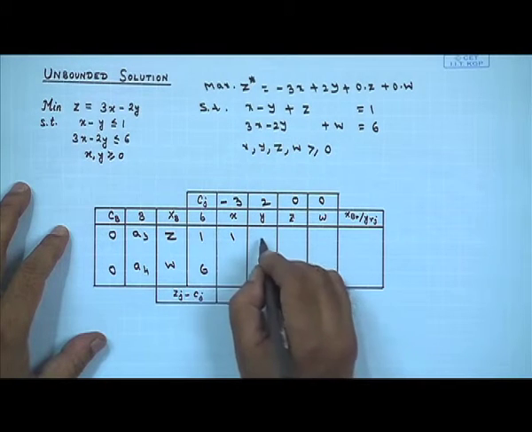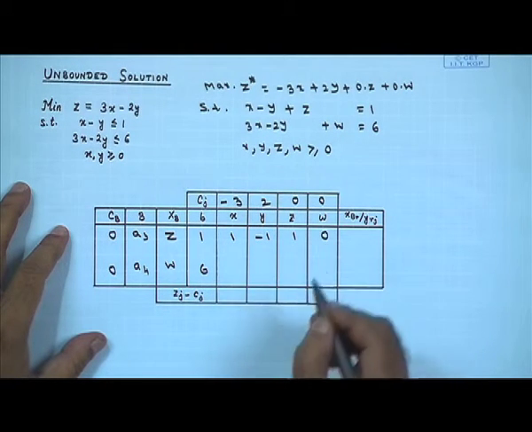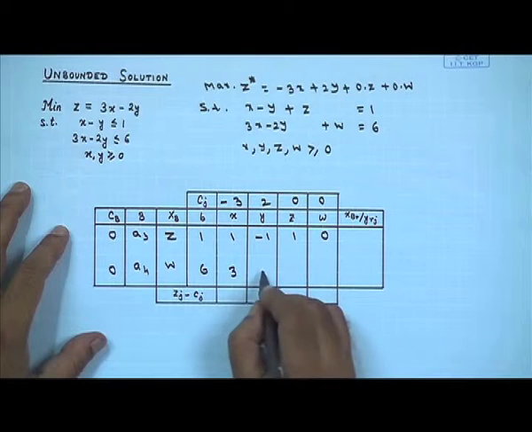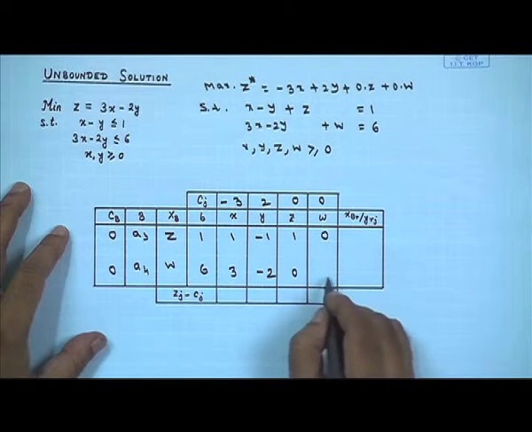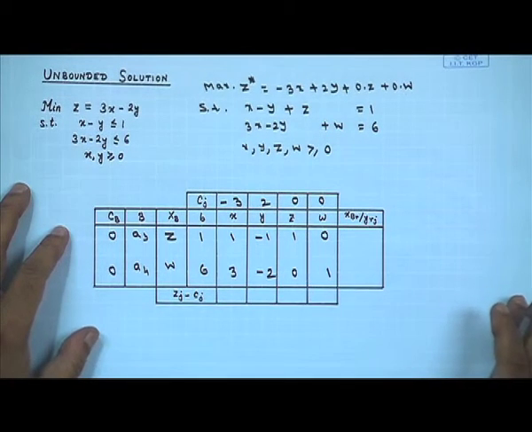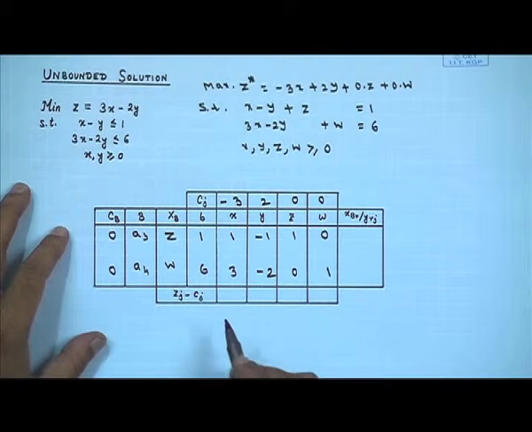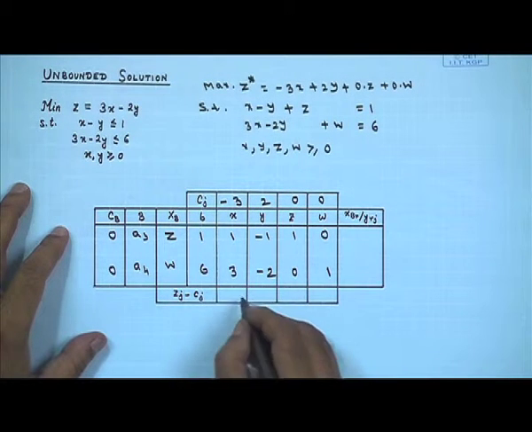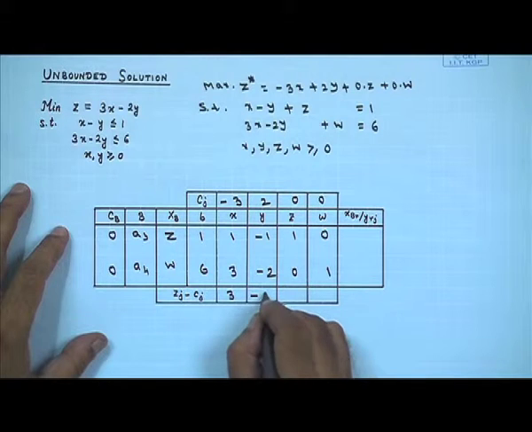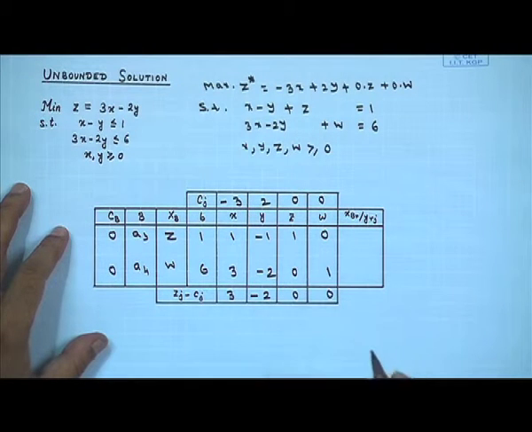The rows are 1, minus 1, 1, 0, and next 3, minus 2, 0 and 1. Now we calculate Zj minus Cj, that is Cb into Xb minus Cj. The values you will obtain are 3, minus 2, 0 and 0.